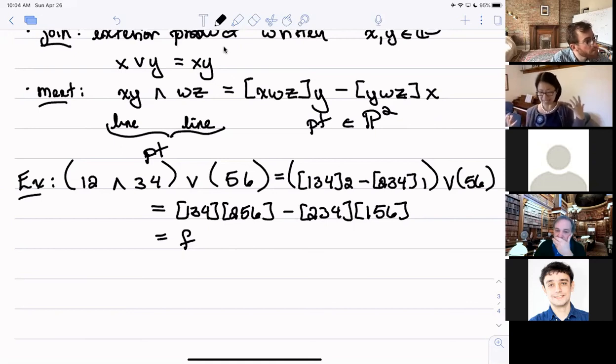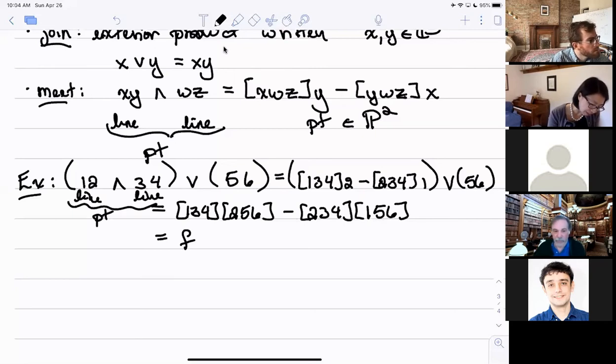So let's see if we can use Grassmann-Cayley algebra to understand what's really going on here. I have a picture that I have to use in a minute. Anyway, so this here is a line. That's a line. 1, 2 meet 3, 4 is a point on the line.